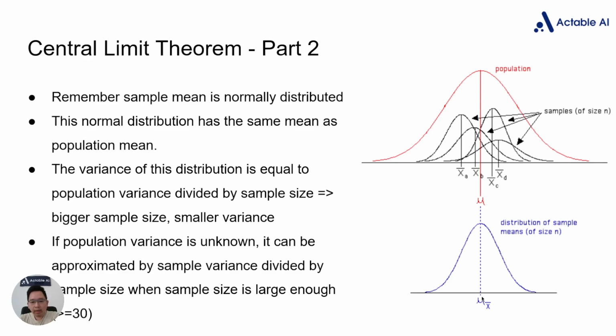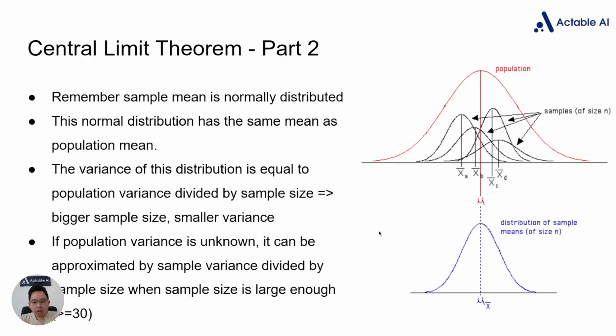It also says that the variance of this distribution, which is the square of the standard deviation, is equal to the population variance divided by the sample size.